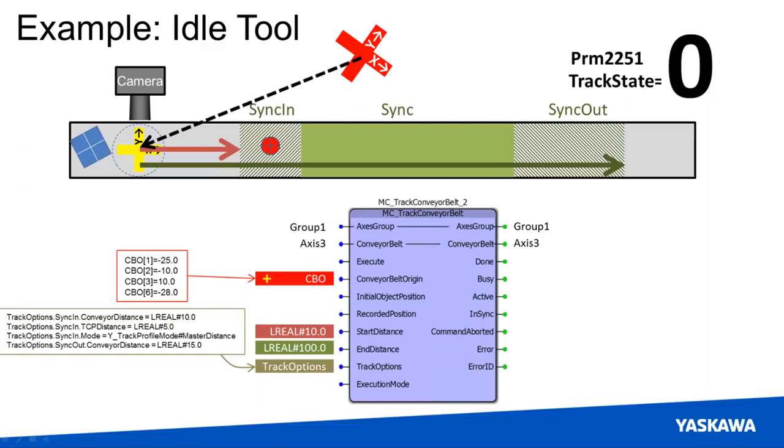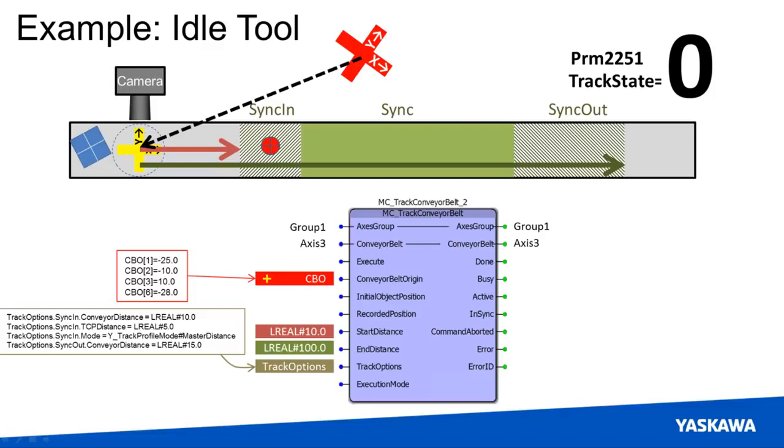I need to define that sink in and sink out zone, and I do that with track options. So again, defining the sink in zone: track options structure, the sink in substructure, conveyor distance. The conveyor is going to move 10 units. And my TCP, since I'm starting in the middle of that, will move 5 units. That's the second line.